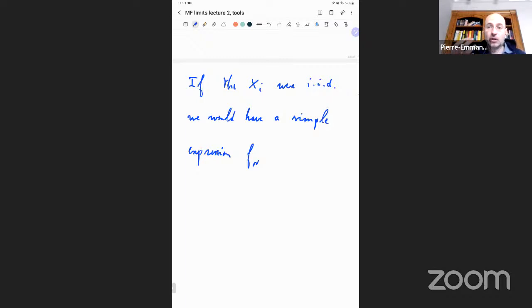That's how independence is translated on the law: if you have independent processes, their law is the product of all the laws. Now, because of our assumptions, this is true at the initial time. So at least the initial data is a relatively nice object.